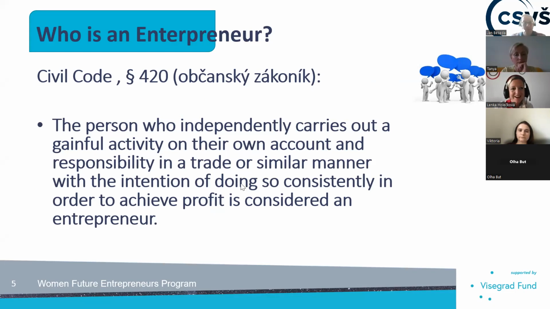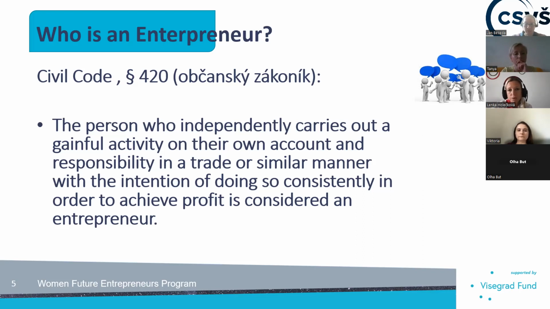Okay, so civil code, as I mentioned, občanský zákoník. For your purposes, I wrote it there also in the Czech language, because it's good to know it. What is important, the entrepreneur is a person who independently carries out gainful activity, some purposeful activity, on their own account and responsibility. It's also important, because business risk is a common part of each business, in a trade or similar manner, and with the intention of doing it consistently.